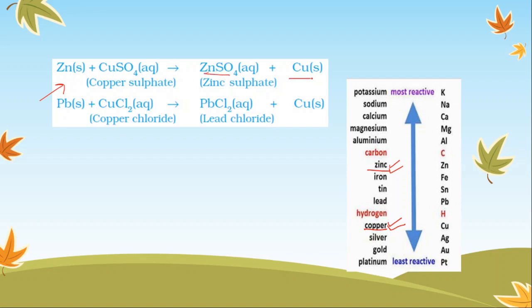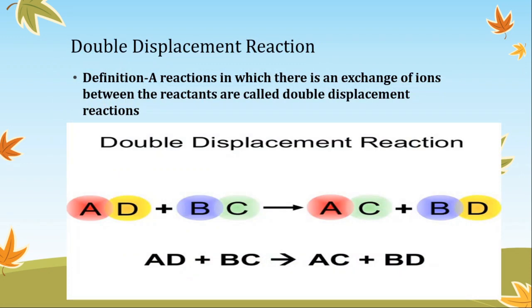Again, if I look at this example of lead, where is lead? This is the position of lead. Now this lead is reacting with copper chloride, so the higher lying metal will displace the lower lying metal from its salt, and there will be the formation of a new compound, that is lead chloride, and solid copper will deposit in the solution. This was all about the displacement reaction.